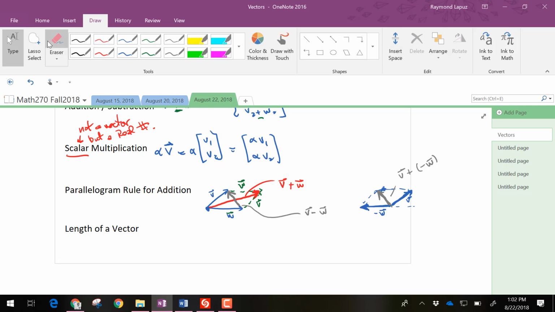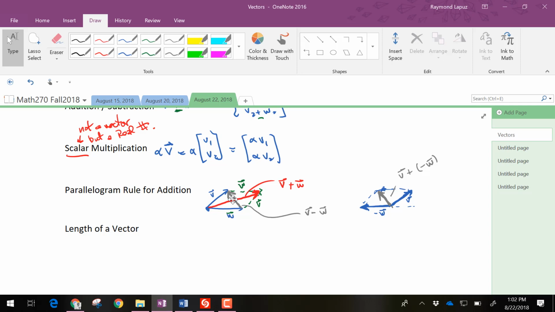Well, if I did it right, it would be the same vector. That looks the same. I must have done it right. Okay. So that's the parallelogram for addition and actually subtraction.